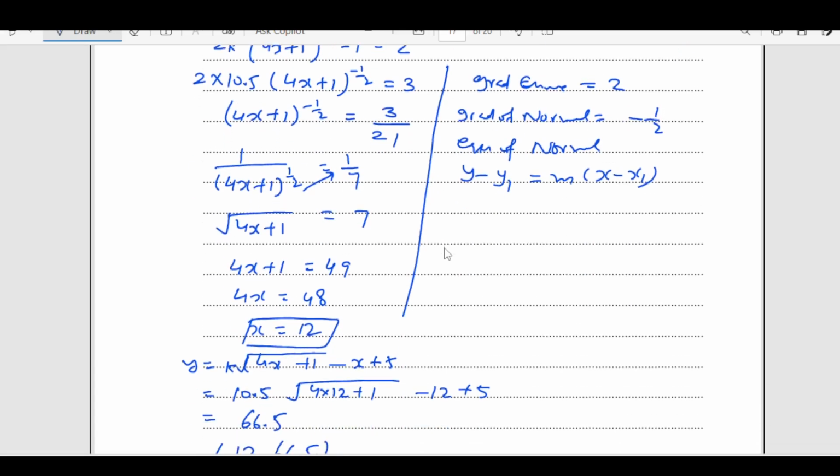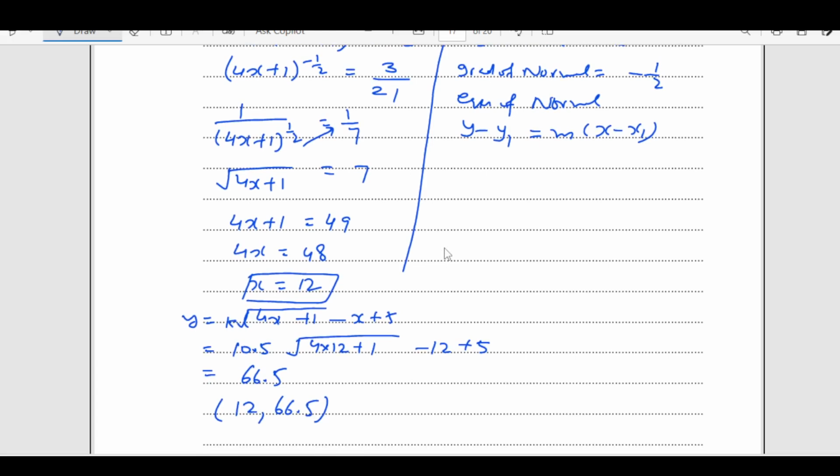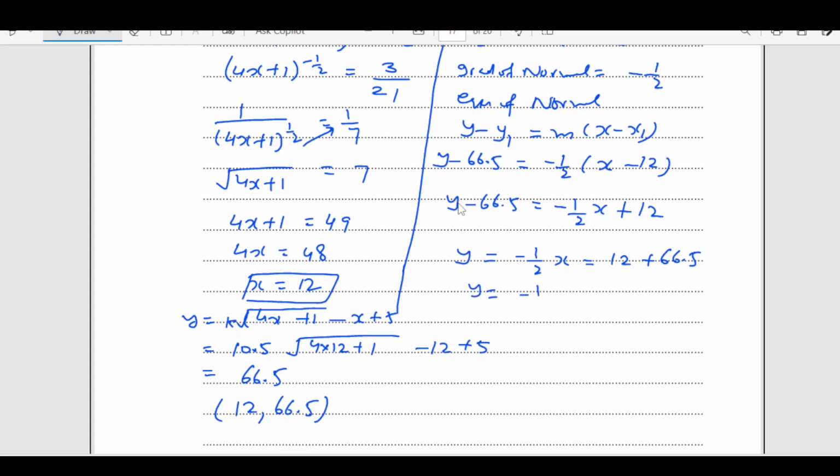We have the coordinates of x and y here, we are just going to substitute. So y minus 66.5, and m is negative half, and x minus 12. So from here we have y minus 66.5 equals negative half x plus 6. So y equals negative half x plus 6 plus 66.5, so this is negative half x plus 72.5.